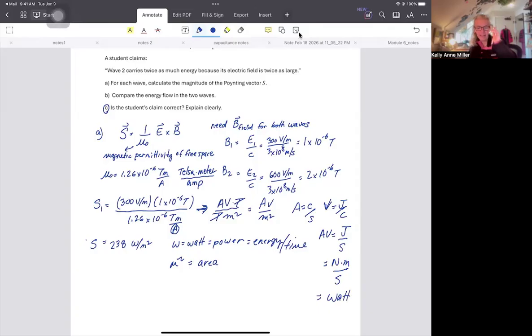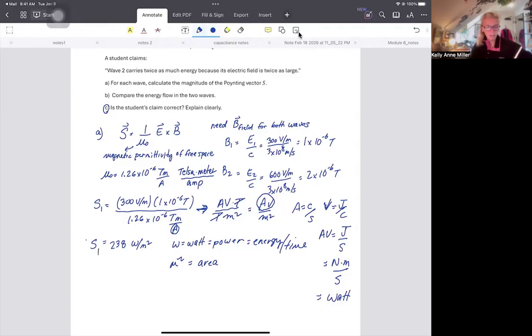Okay, so that does actually check out. I hope you guys followed that. An amp is a coulomb per second, a volt is a joule per coulomb. I multiply those together and get a joule per second. A joule is a Newton meter, and a Newton meter divided by a second is a watt. So the unit checks out, which is reassuring in terms of what a Poynting vector is.